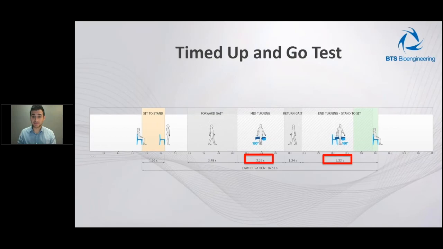And again, by using a system like the GWALK for the Timed Up and Go quantification, we can compare the patient's situation pre and post specific treatment by obtaining precise and accurate information that can be compared.